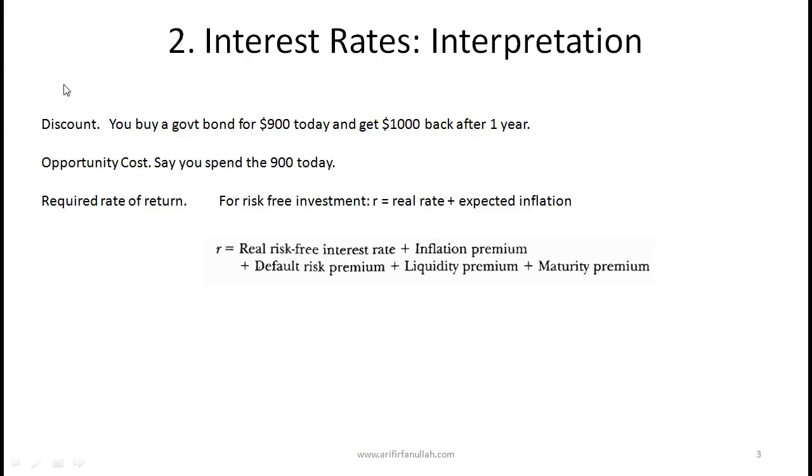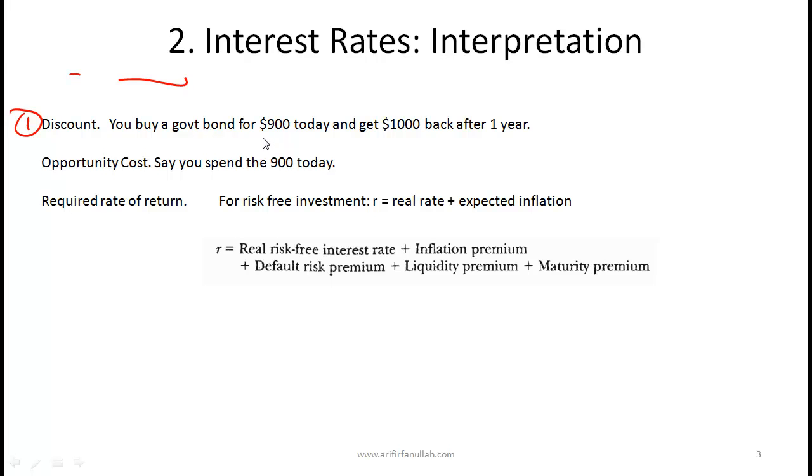Let's do section 2 first, which is the different interpretations of interest rates. The first interpretation that you should be aware of is that interest or interest rate is sort of like a discount. The simple way to understand this is the following.